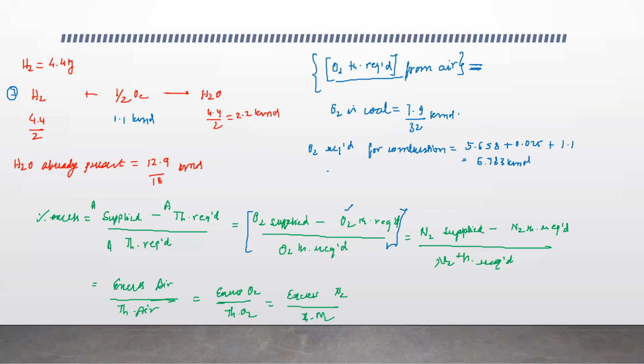And oxygen that is already there in the coal is 7.9 by 32, that is 0.247 kilomole. Therefore, oxygen required from air is equal to 6.783 minus 0.247, that is 6.536 kilomole.